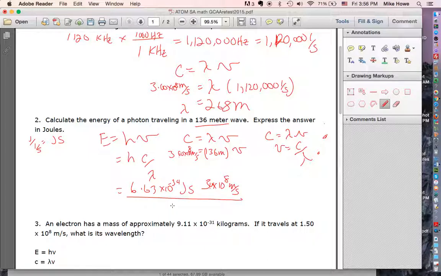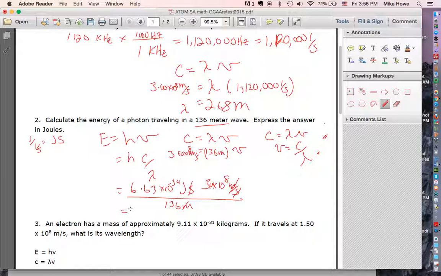And then you're dividing by the wavelength, which is 136 meters. Now you'll end up with energy in joules, because seconds cancel, meters cancel, and you'll end up with just joules for energy.